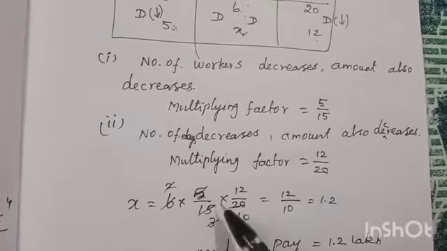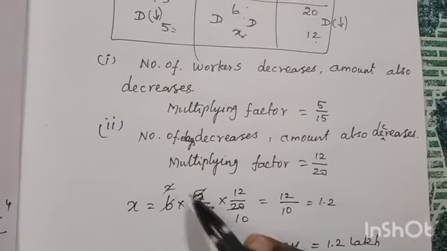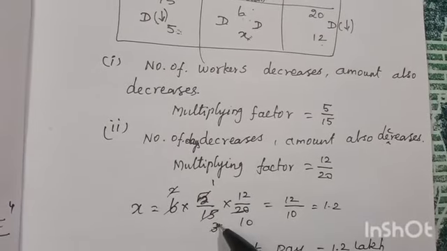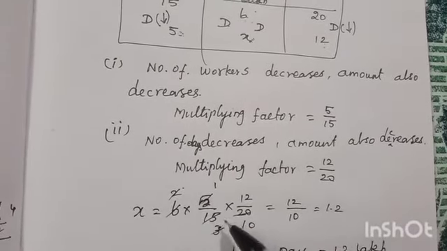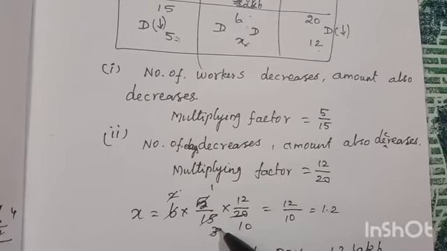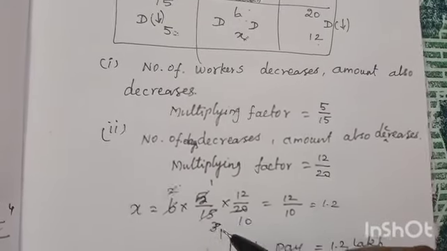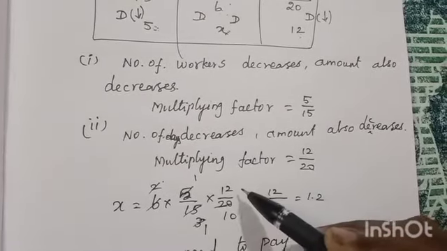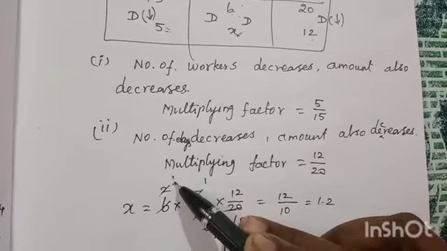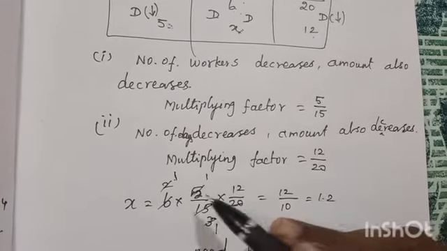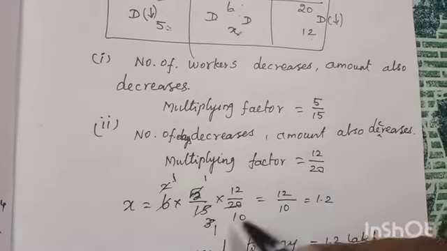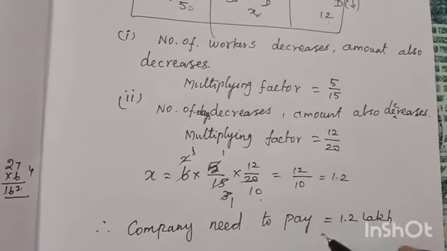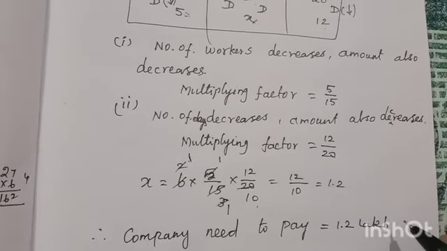Now you have to cancel. Using the 3 table, 3 fives are 15, and 3 twos are 6, so 3 ones are 3. Then 1 two is 2, 10 twos are 20. After cancelling, the numerator is 12 and the denominator is 10. So this is written as 1.2. The company needs to pay 1.2 lakh.